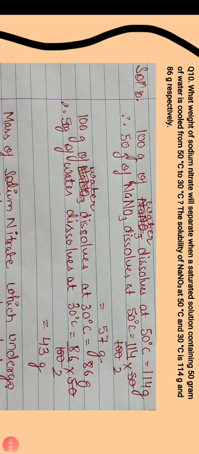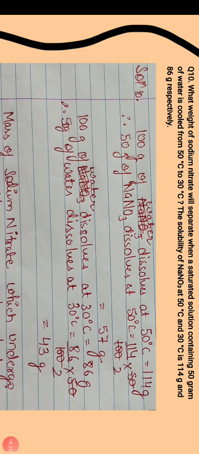Then by the unitary method I have calculated for 50 grams of water at 50 degrees Celsius, that is equal to 114 upon 100 multiplied by 50.